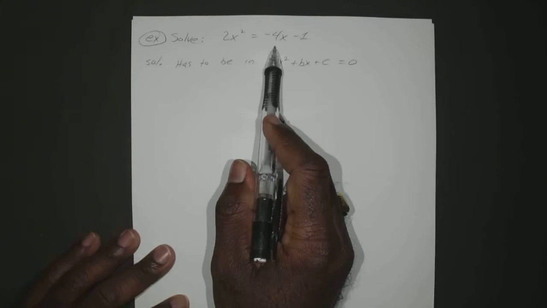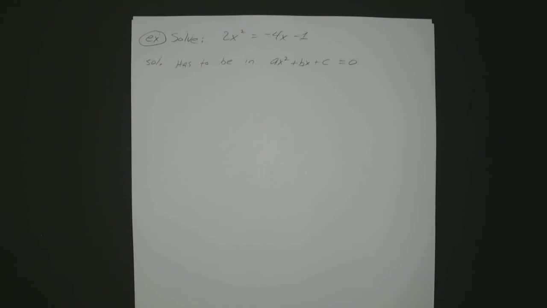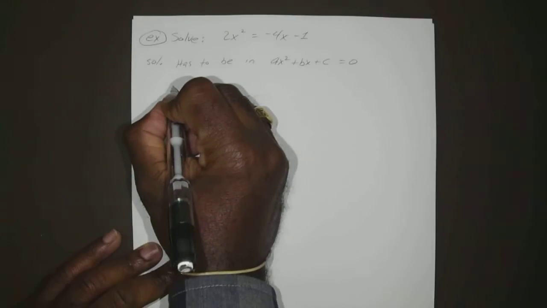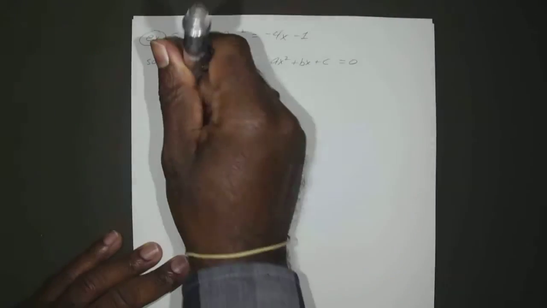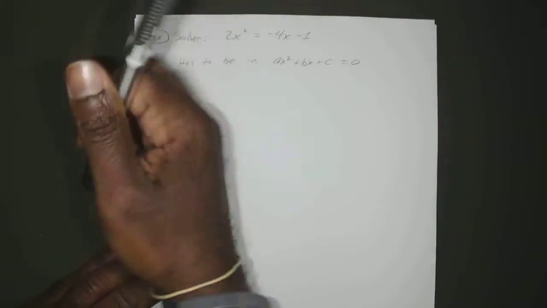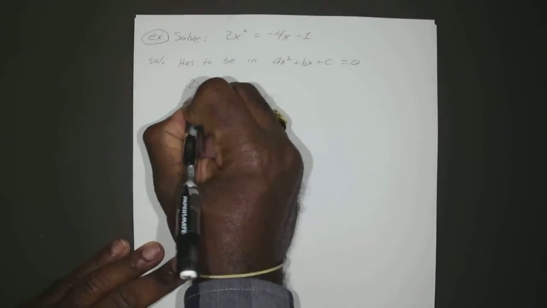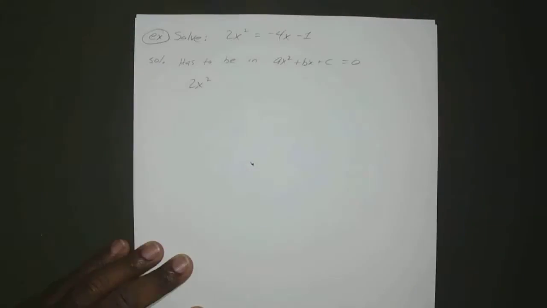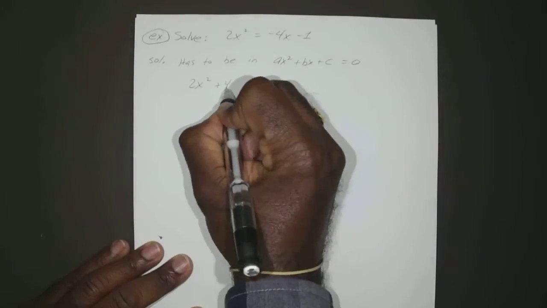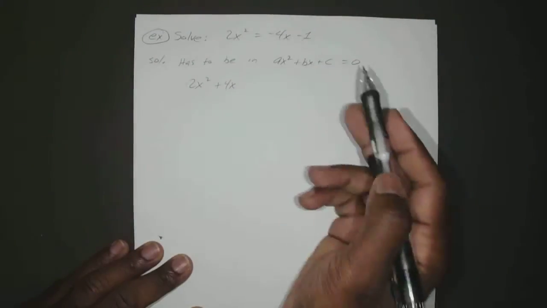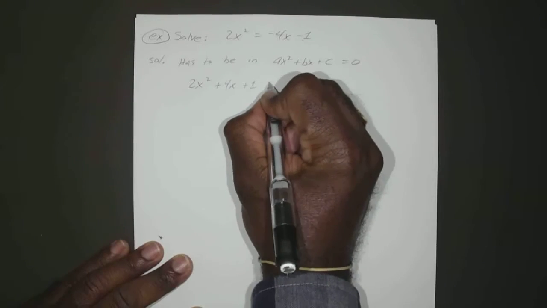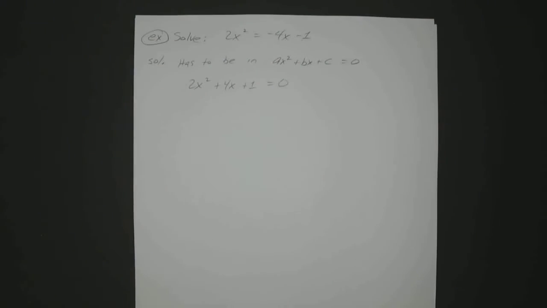So if you made b equal negative 4, you would end up with the wrong answer. You have to bring everything to one side. So you end up with 2x squared, if you add 4x to both sides, plus 4x. If you add 1 to both sides, plus 1 equals 0. Okay, so remember, everything has to be on one side for the quadratic formula.